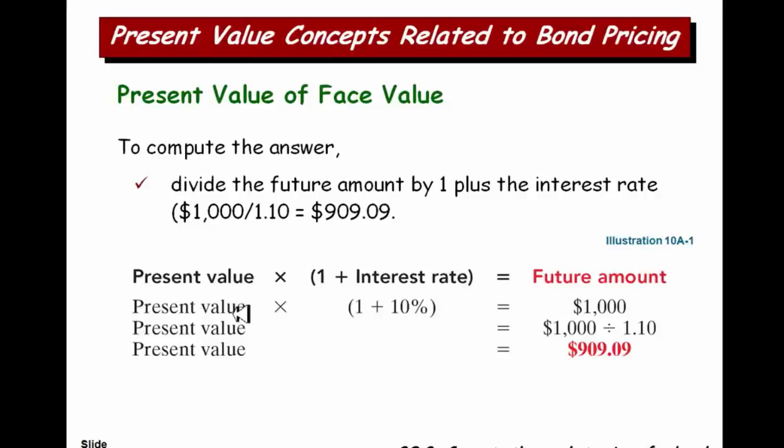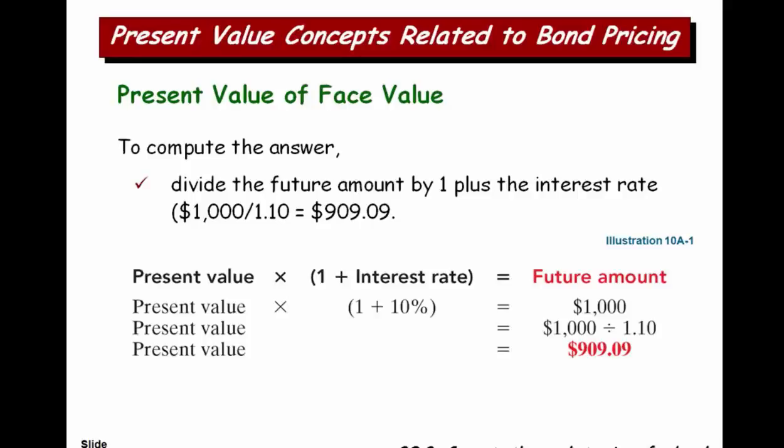So 1 plus 10% equals 1,000. We bring that 1 plus 10% to the other side of the equation, basic algebra, and divide 1,000 by 1.1. So the present value equals 1,000 divided by 1 plus the interest rate, which equals 909.09.